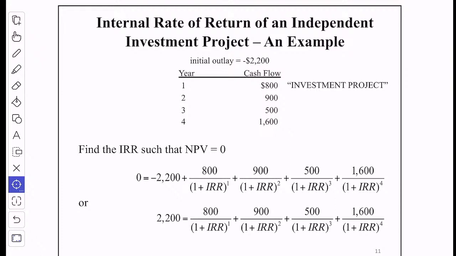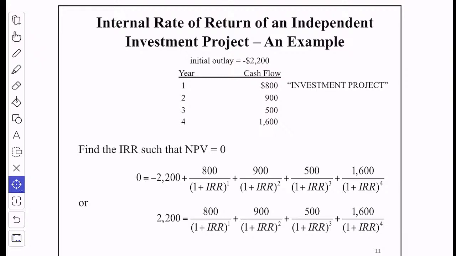So find the internal rate of return such that NPV is equal to 0. So what am I saying? This project is an investment project. In particular, we invest money and then we anticipate future net revenues. So I could calculate the NPV of that project and analyze it like before, but right now I want to introduce you to the internal rate of return concept.